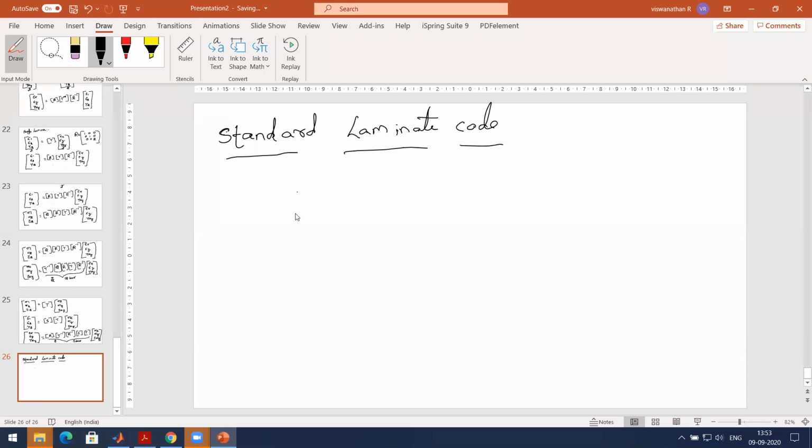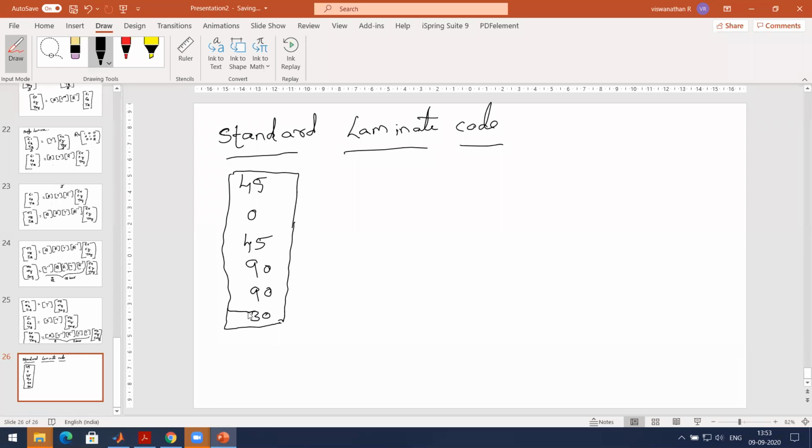Suppose you have 30, 90, 30, 90, 0, 45. These are the angles of the fiber layers.